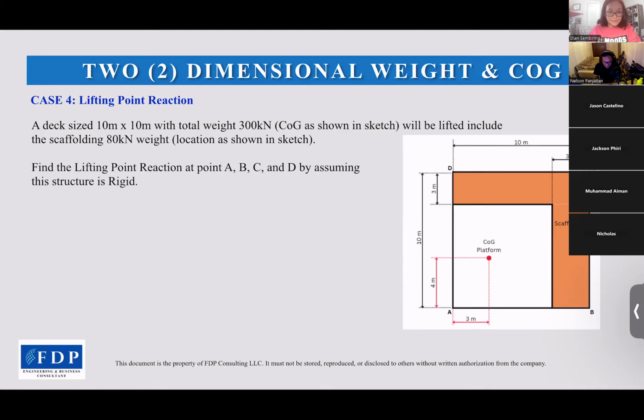If it's not rigid, then you need to go to your structural engineers. They have the ability to check the lifting point reaction by introducing the deflection and the material properties into the calculation. So we assume this structure is rigid, like equipment or machinery.